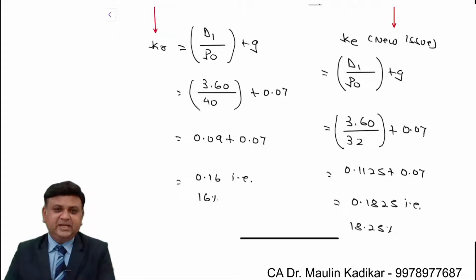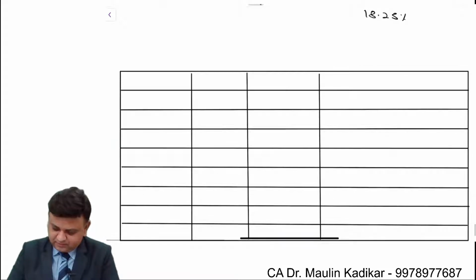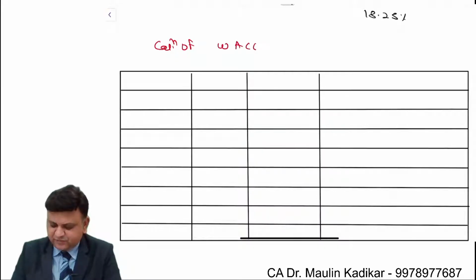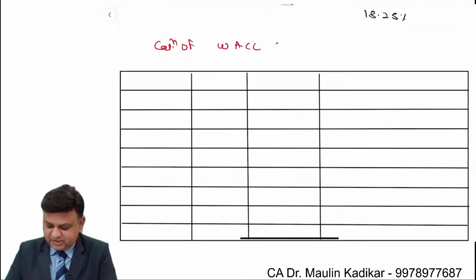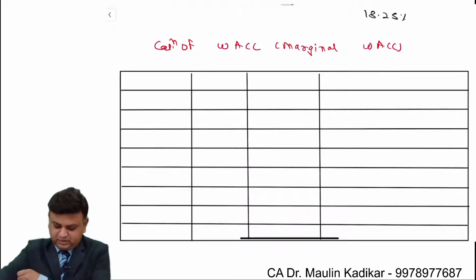Students who have completed writing this portion are requested to proceed for marginal weighted average cost of capital calculation. So let us see calculation of weighted average cost of capital. In that sense, it is the marginal weighted average cost of capital.